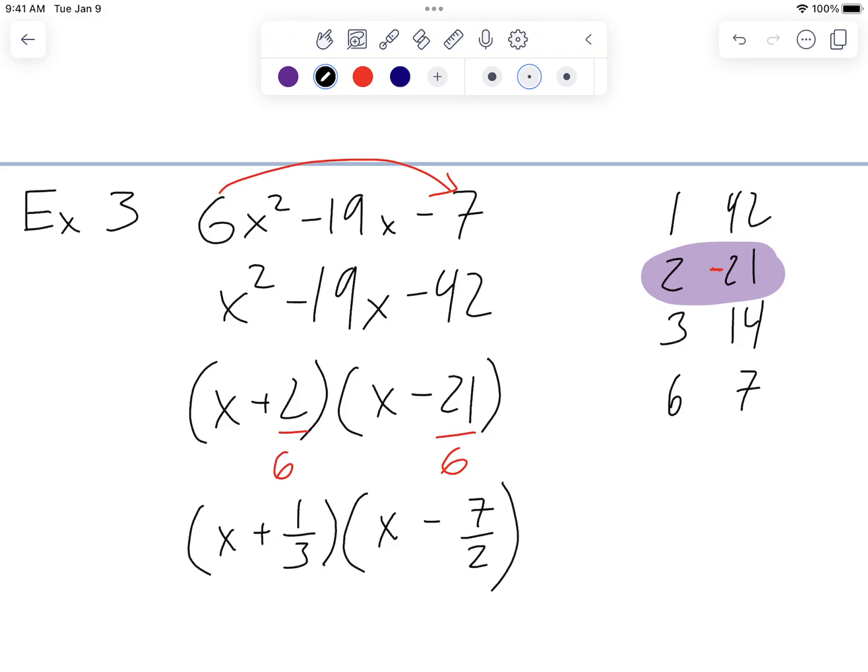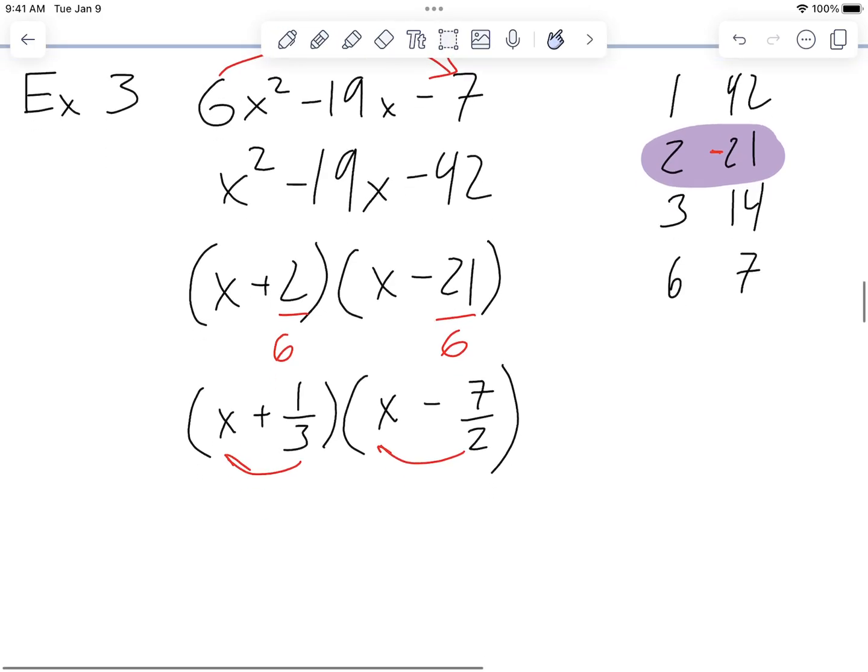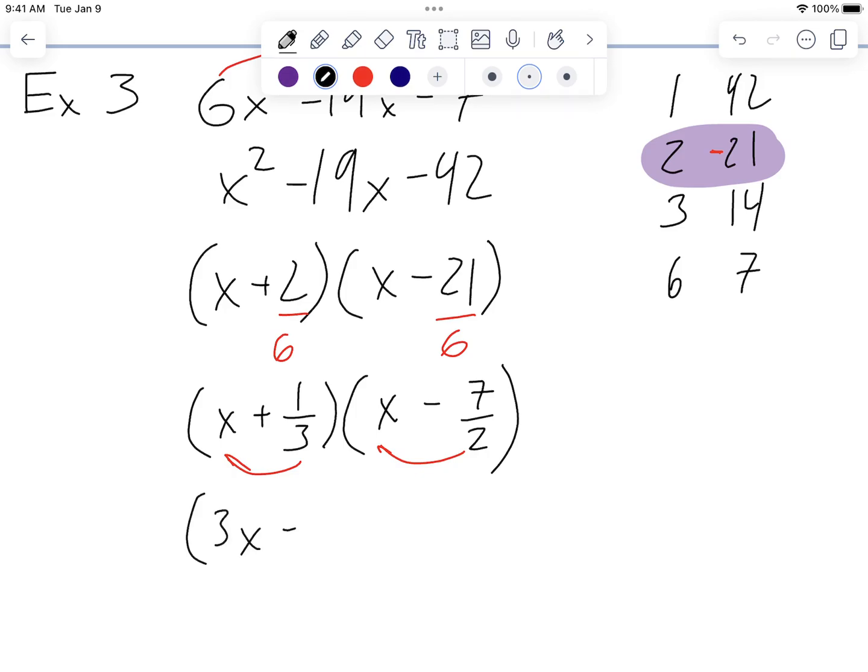Right, so all I did, I reduced fractions there. 2 and 6, they're both divisible by 2, so that goes to 1 over 3. 21 and 6 are both divisible by 3, so they go to 7 over 2. Now that they are fully reduced, I can take the denominators and move them in front of the x's. And so my final answer for this one, 3x plus 1 and 2x minus 7.